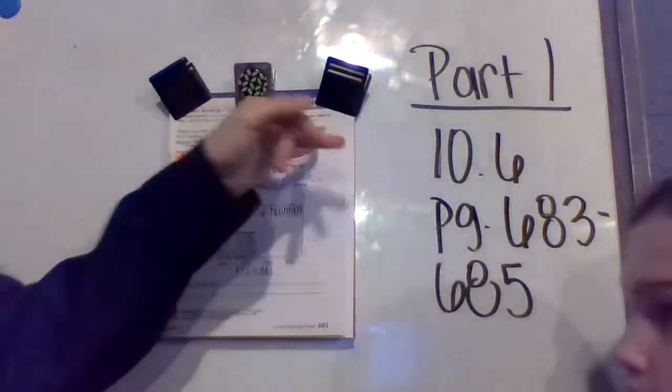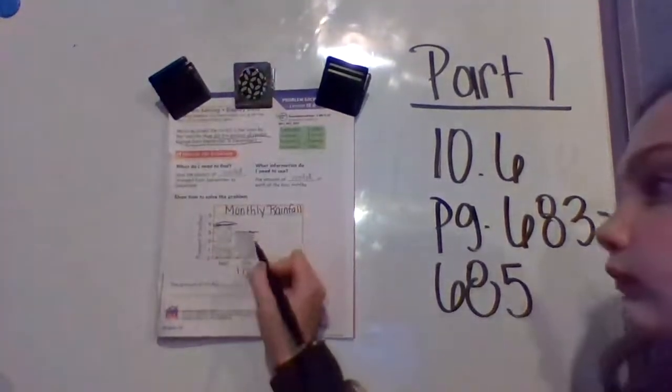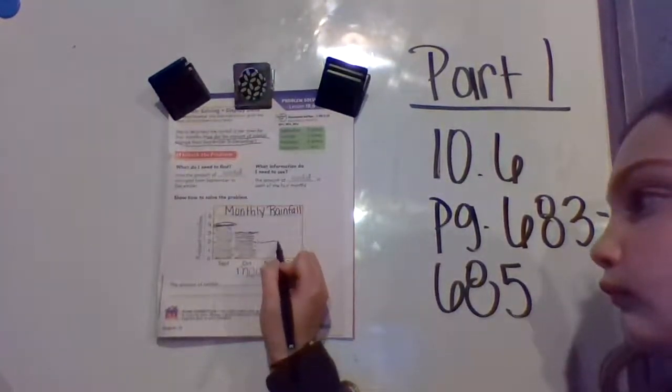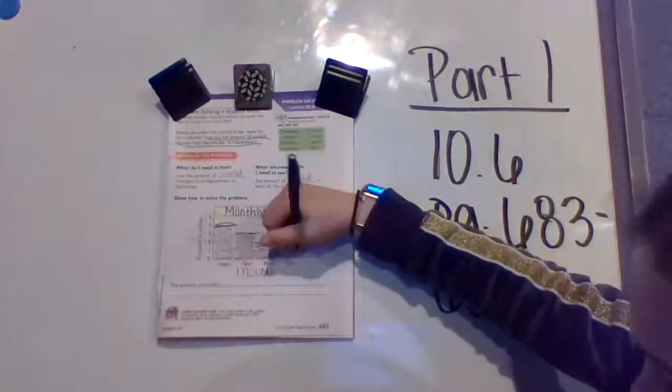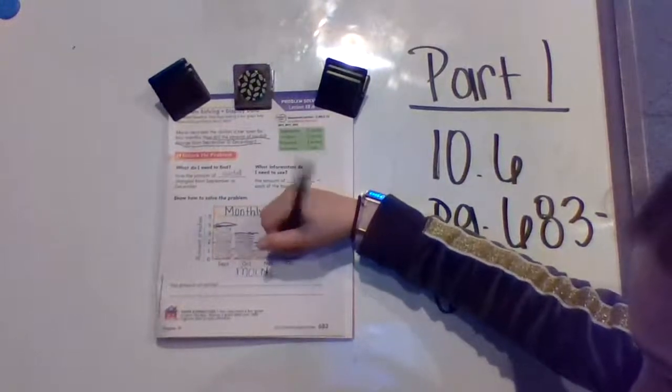And November had 2, so we're going to draw a line at the 2 and shade down. And finally, December had 1, so I'm going to draw a line at the 1 and shade down.